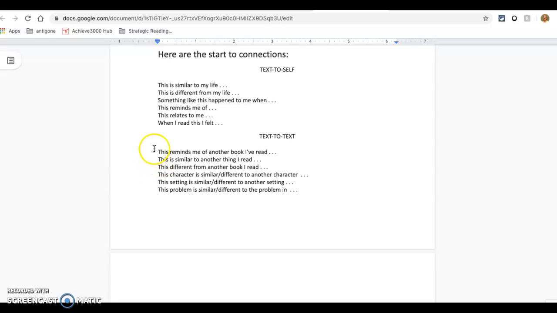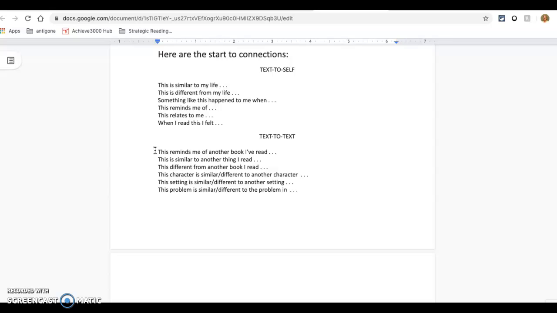There's also what we would call text-to-text connections, activating this prior knowledge. This is when things remind you of other things. So this reminds me of another book, or another TV show, or a YouTube video, or another class that I've taken. They could be similarities or differences. Maybe you talk about something in a psychology class, but you've also talked about that in a history class.